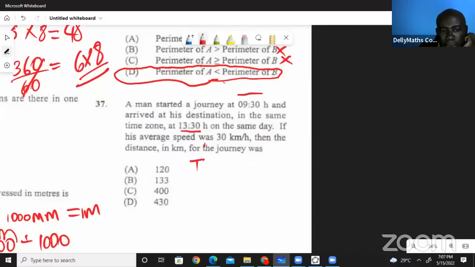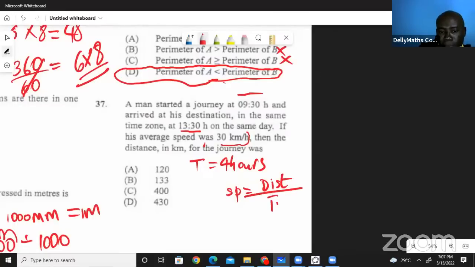So we're talking about a time of 4 hours, right? And outside of the time of 4 hours now, it's going at a speed of what? 30 kilometers per hour. Remember, speed is equal to your distance over your time. So if they want us to find the distance, it's your speed times your time.